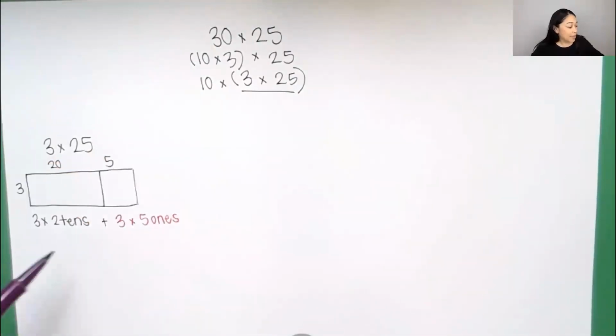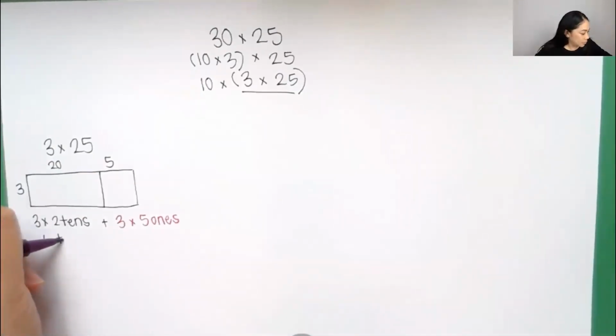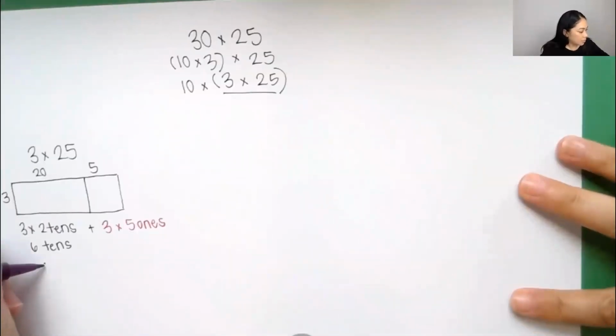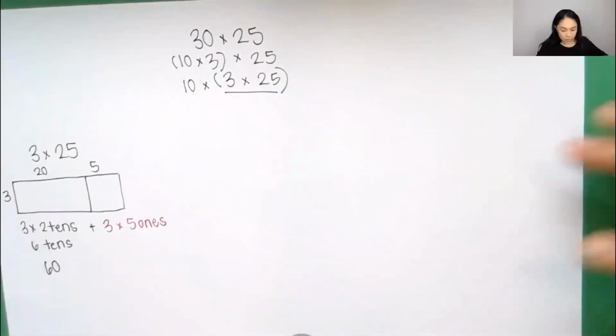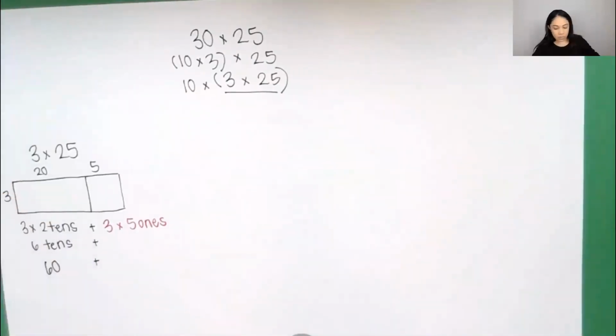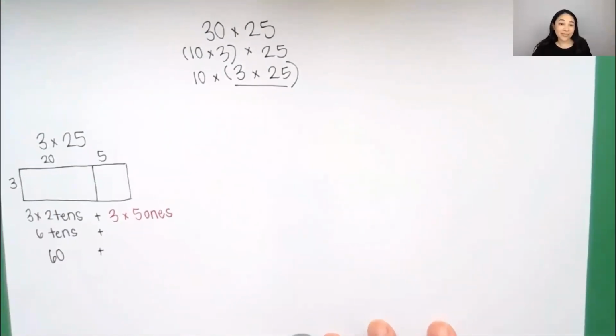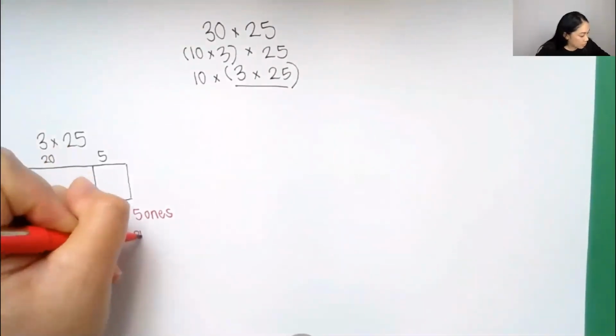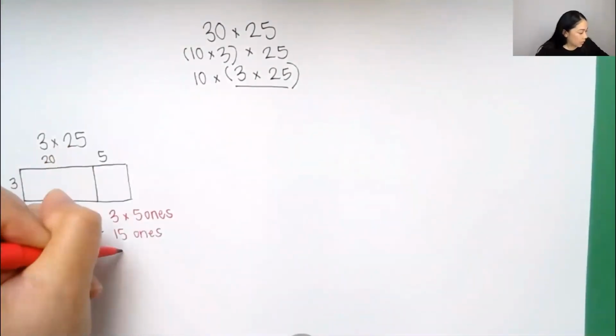Three times 2 tens is 6 tens, or 60. Three times 5 ones is 15 ones, or 15.